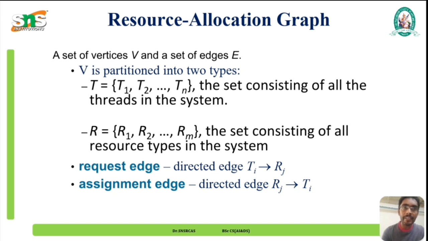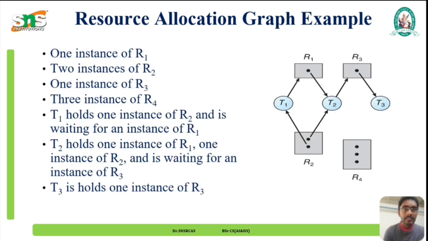In the same way, the assignment edge Rj tends to Ti means the jth resource is assigned to the ith task.